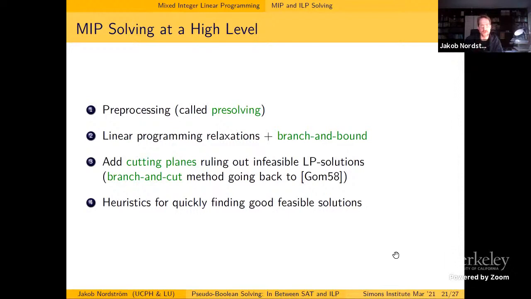And then they use something that's called branch and bound. And they also derive new integer linear inequalities that rule out solutions to the relaxation that are not integral. And this is something that's called branch and cut. And then you combine this with lots and lots of heuristics.